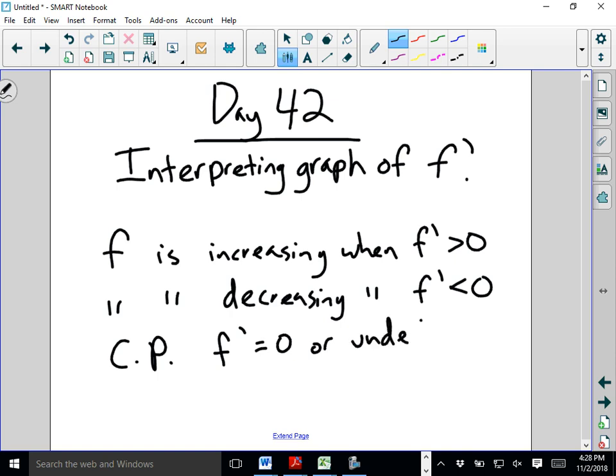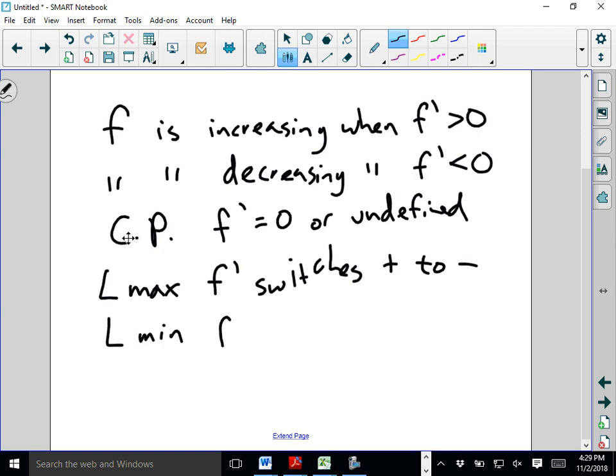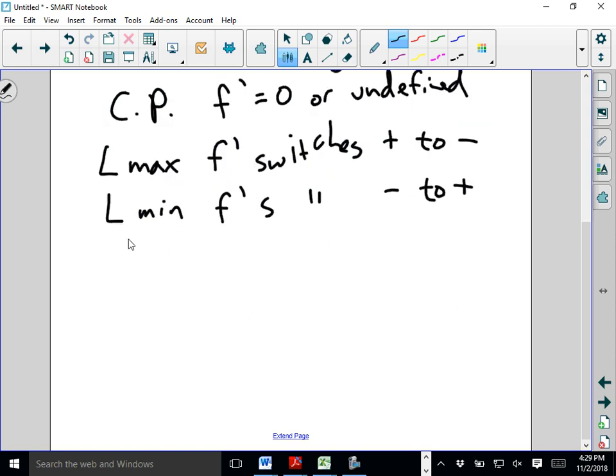Local max, f prime switches plus to minus. Local min, f prime switches minus to plus. Neither, f prime doesn't switch.